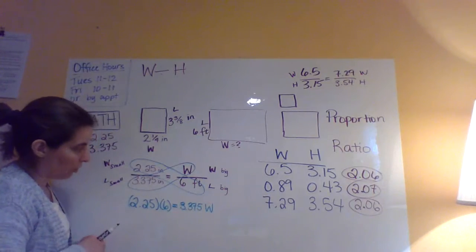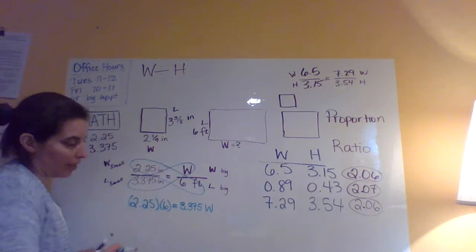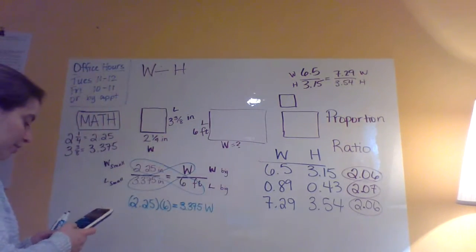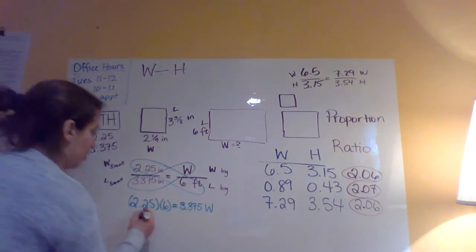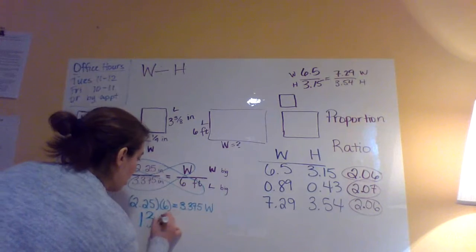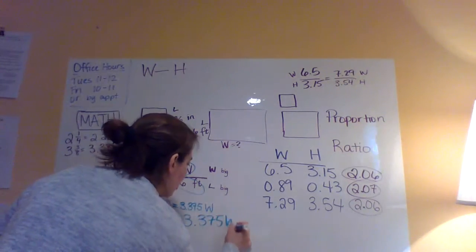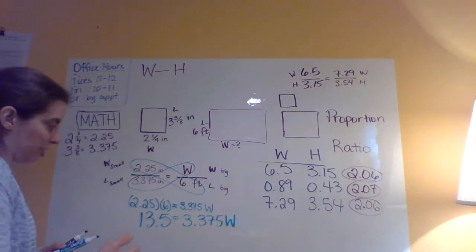And then we're going to use our algebra knowledge. So we're going to multiply these two first. So 2.25 times 6 is going to be 13.5 equals 3.375 W. And then think about our algebra from last time.